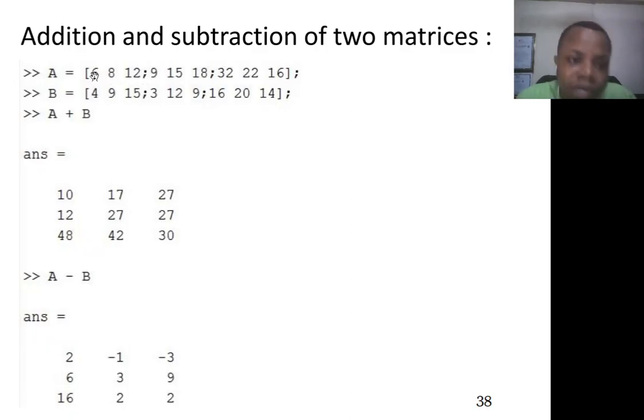This is the first row separated by a semicolon, the second row separated by a semicolon, and then the last row. So we use this to generate our matrices, and we could have our matrix as simple as that.